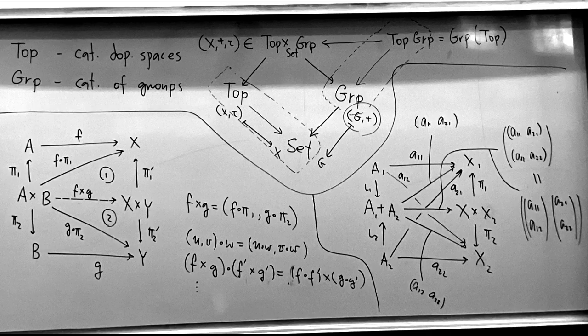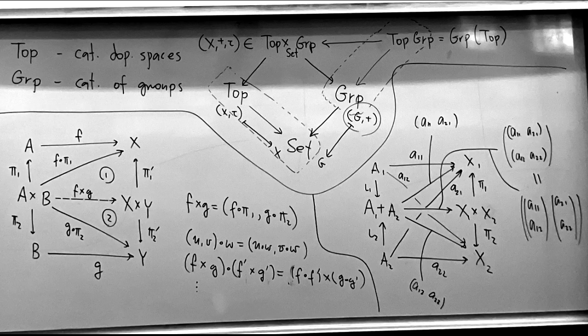When we learn linear algebra, we learn how to multiply matrices. So there's some kind of linear algebra to learn here, how to compose these kinds of morphisms. We already established one rule, namely that the composite of the induced arrow <u,v> with w equals <u∘w, v∘w>.